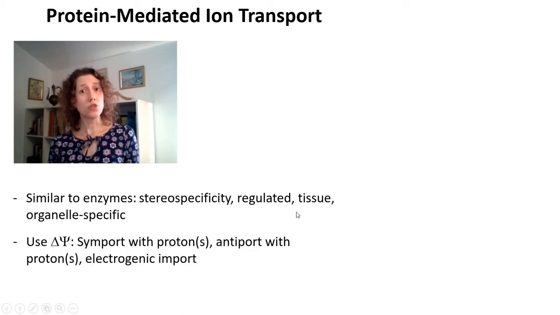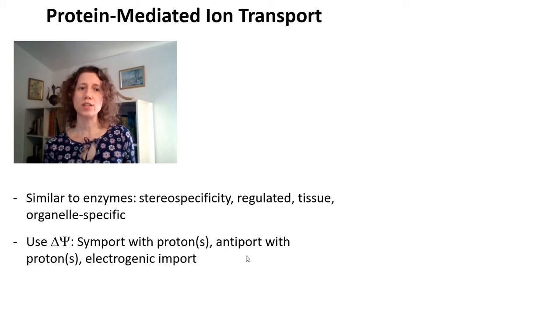Interestingly, in mitochondria, there's the inner mitochondrial membrane potential. And the inner mitochondrial membrane potential is really a central part of metabolite transport. Most of protein-mediated transport is going to use this membrane potential as a driving force to accumulate different metabolites in mitochondria. So you're going to see a lot of symport of these metabolites with protons, so that the proton goes down the proton gradient.